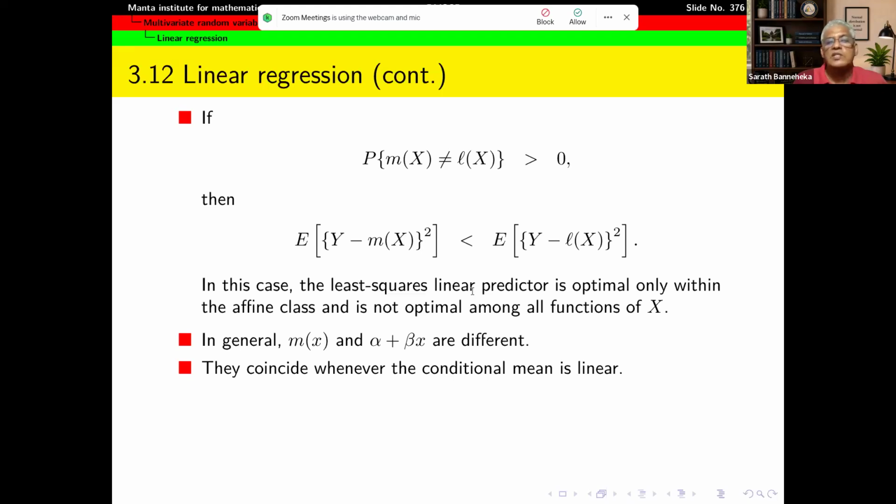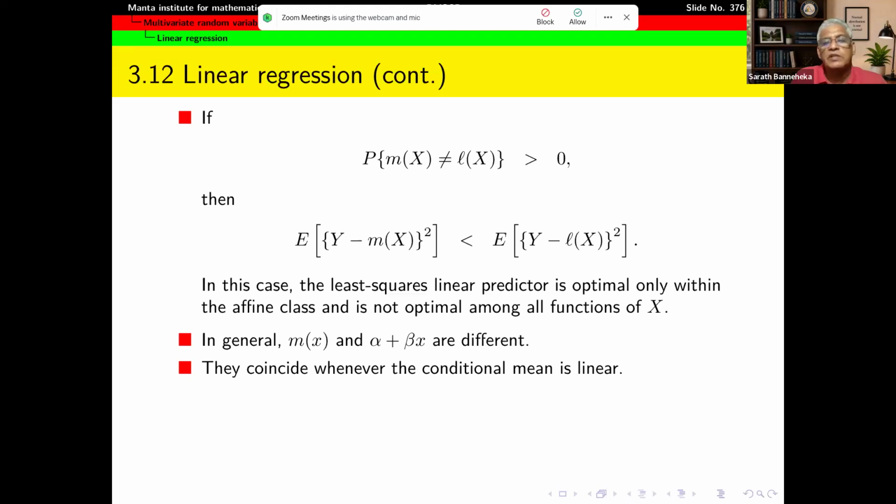In this case, the least squares linear predictor is optimal only within the affine class and is not optimal among all functions. The affine class means the class of linear functions. In general, m(x) and alpha plus beta x are different. m(x) is the conditional mean, alpha plus beta x is the least squares predictor. They are in general different.